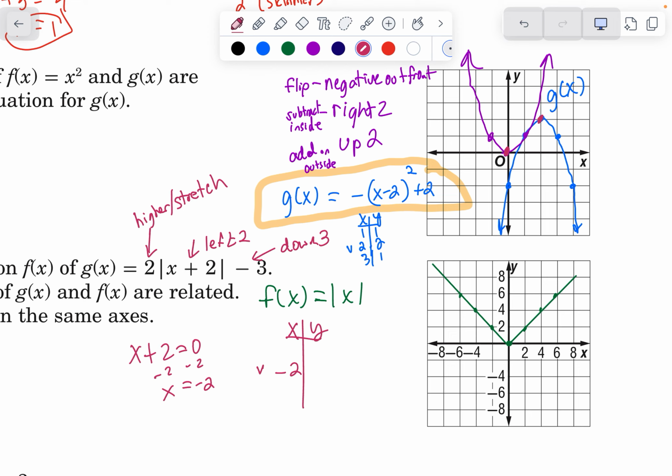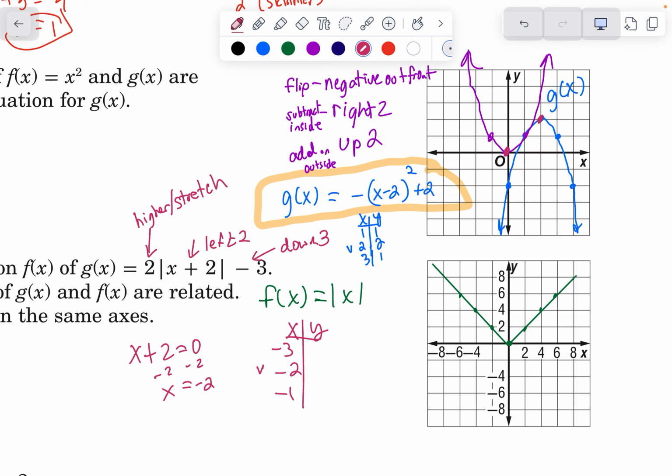Now, absolute value has symmetry very similar to a quadratic. So plugging in a point to the left of the center or vertex and the right is important. So here we could just plug in negative 3 and negative 1. As long as those two match, when we plug them in, we know we have found the correct vertex.